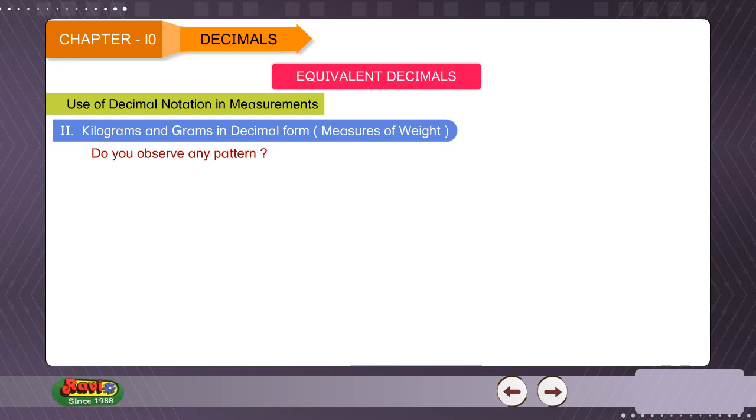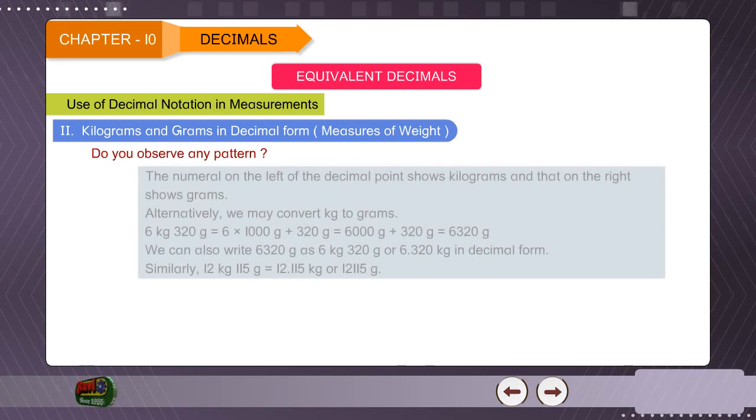Do you observe any pattern? The numeral on the left of the decimal point shows kilograms and that on the right shows grams.